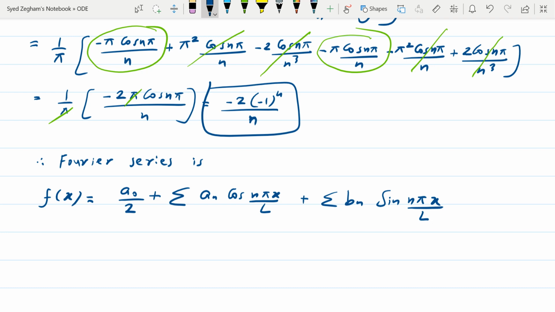So we will put the three values which we have calculated in the above three steps. So let us substitute the values and let us get the Fourier series.